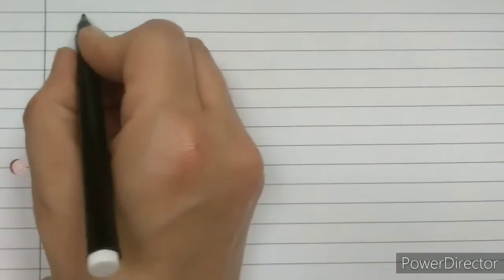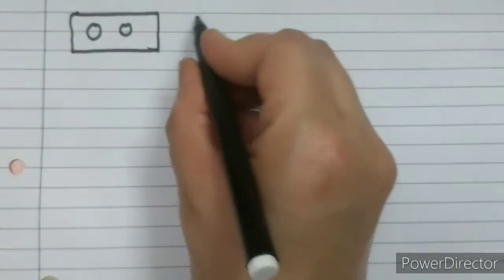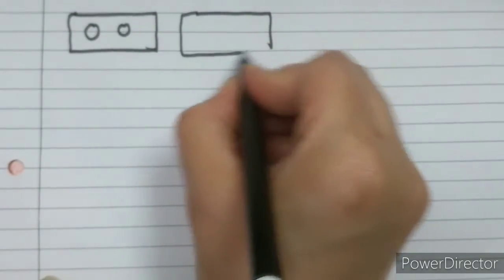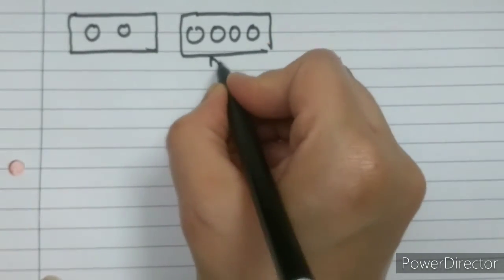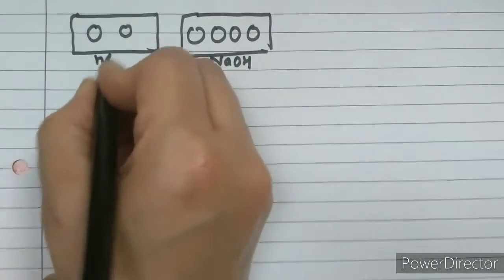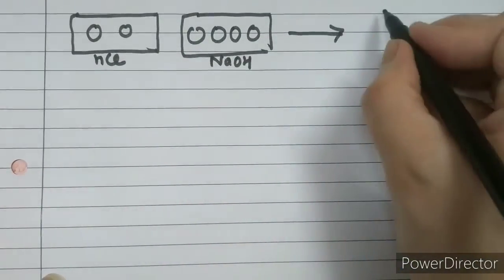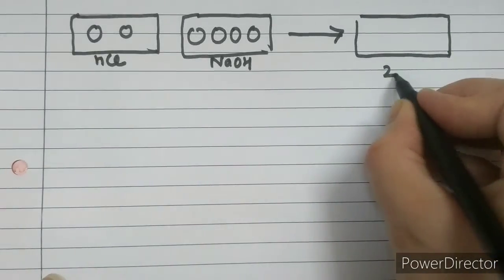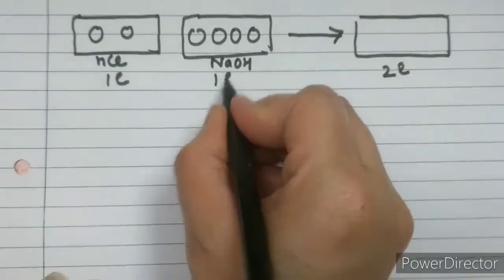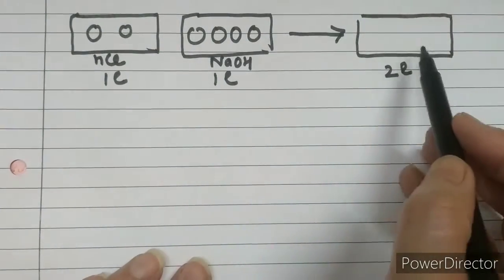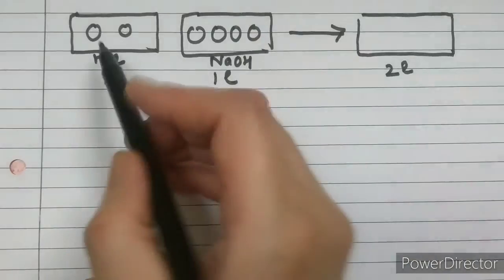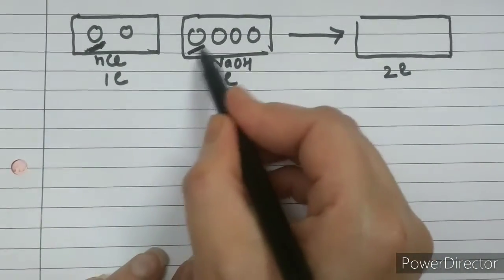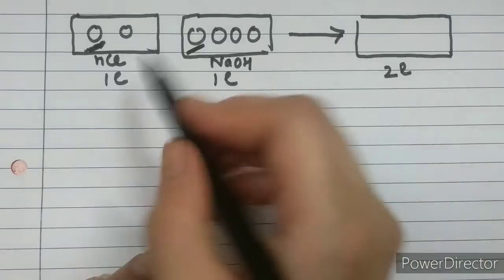Instead, if I take one acid and one base, so if I take 1 liter of 2 moles of HCl and I take 1 liter of 4 moles of NaOH, the total volume becomes 2 liters, obviously. But the problem here is that 1 mole of HCl will react with 1 mole of NaOH, neutralizing the solution.